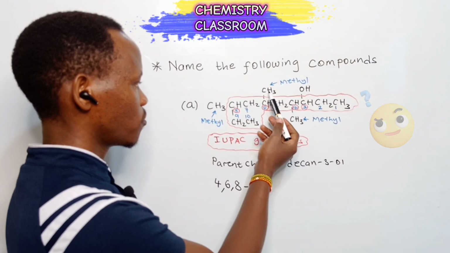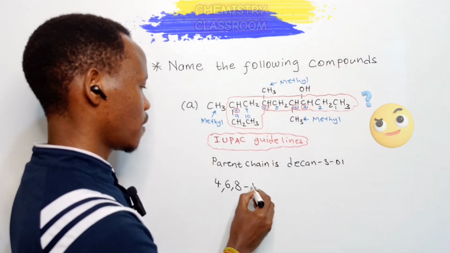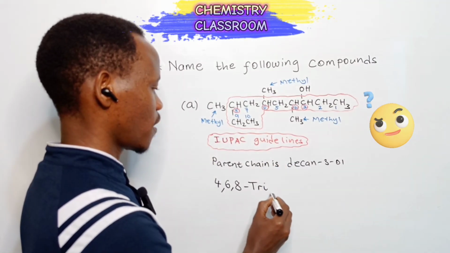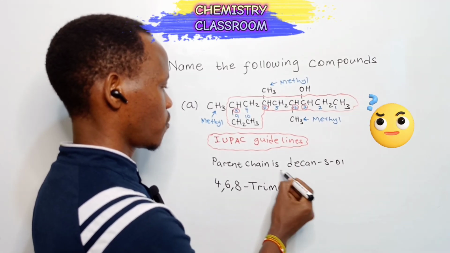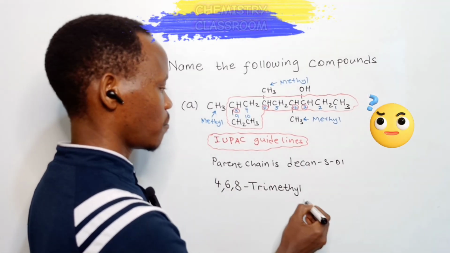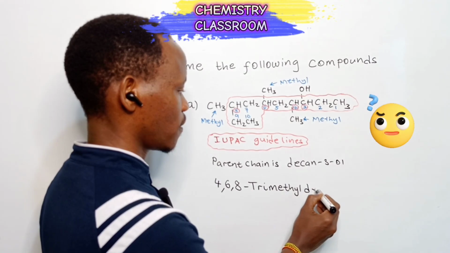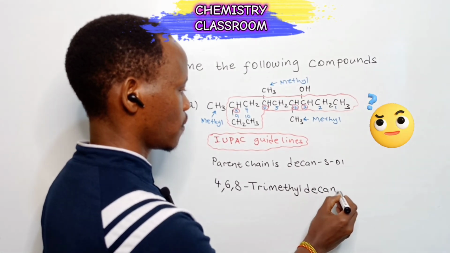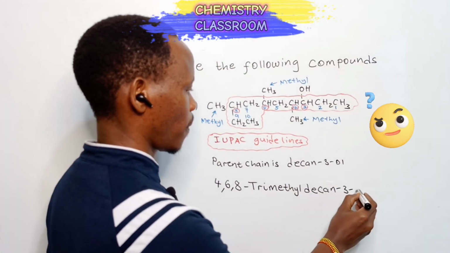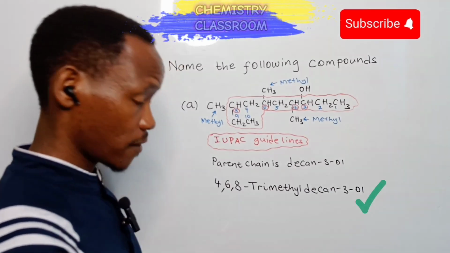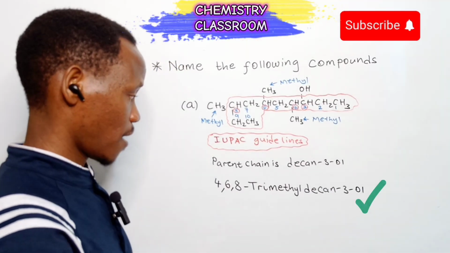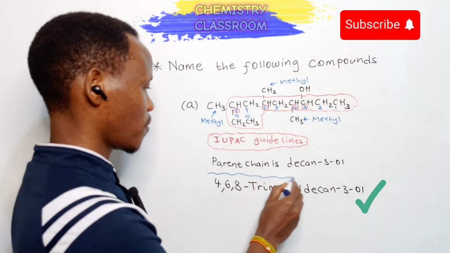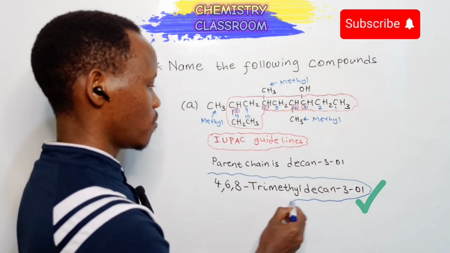These are 1, 2, 3 methyl groups. So therefore we use the prefix tri, and then methyl, followed by the parent name or the parent chain. As simple as that. For matters of emphasis, I will encircle the name of our compound in blue ink.